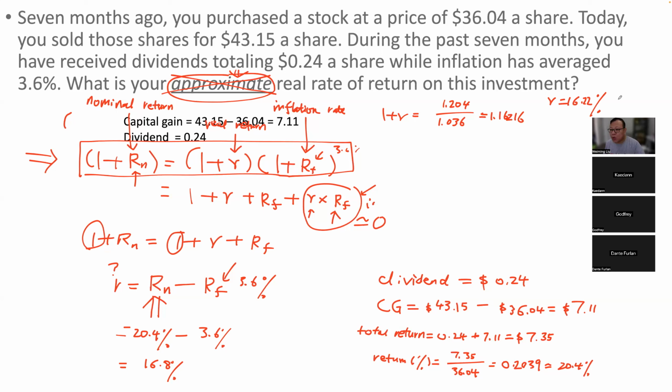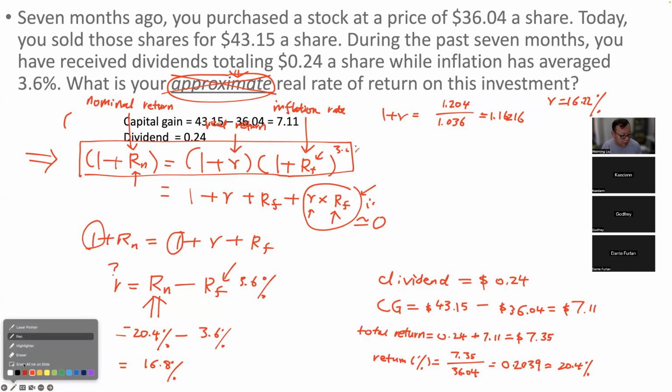It is a little bit exaggerated, right? So 16.8. But if you calculate the actual number, not the approximate number, that should be 16.22%. So you just have to know how to do this, depending on how you are asked. Okay, so now let's move on to the next question.